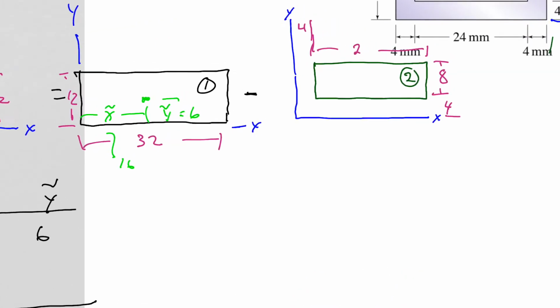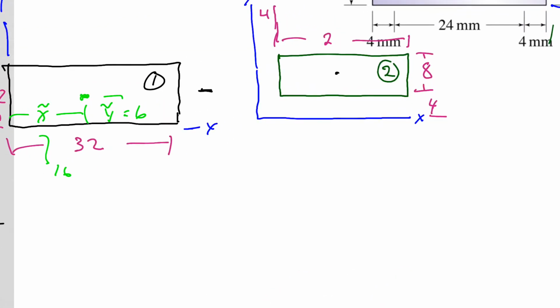Now we want to look at the other shape. Again, the centroid is in the center of the rectangle itself. Our distance for the centroid in this direction is 4. And this value should be 24. And this distance here is 12.